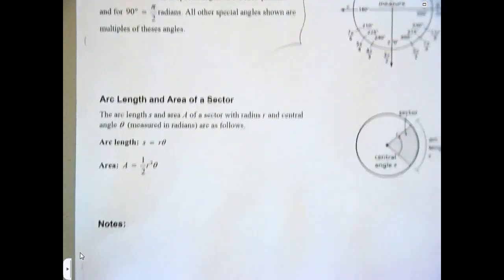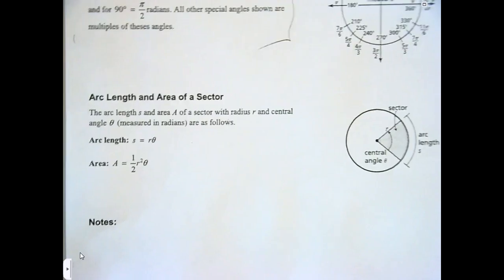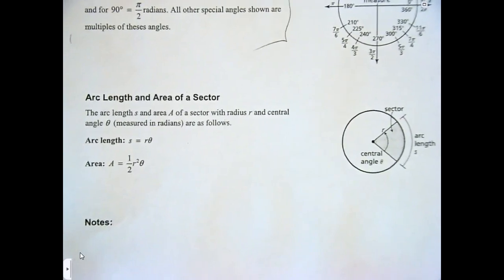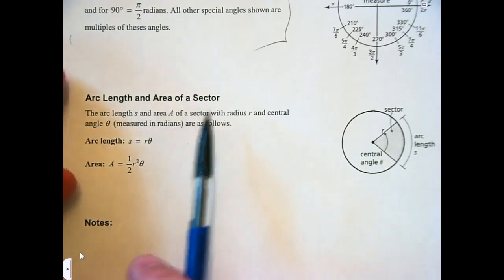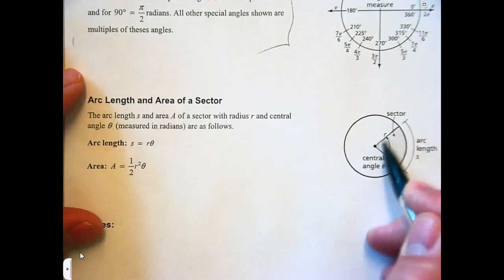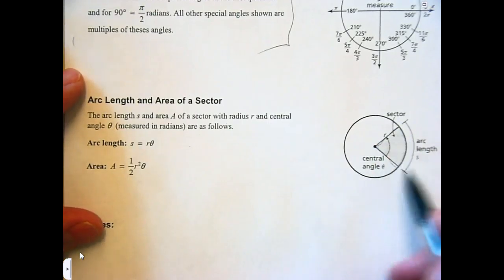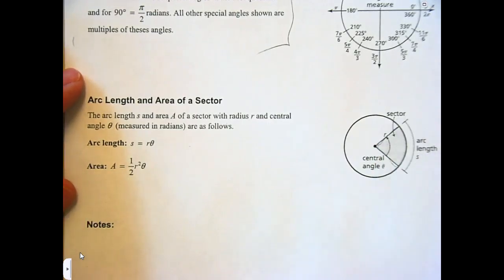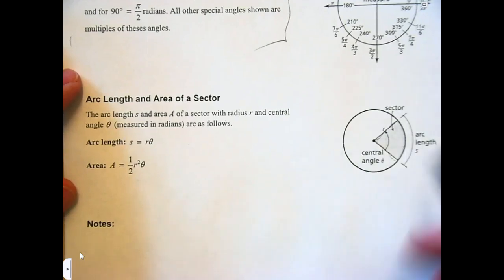Okay? And then down here, they start talking about geometry stuff. Remember last year in geometry, at the end of the year, you started dealing with arc length, area of sectors, all that stuff in circles. Okay? A sector is like a piece of pizza. It's a shaded piece, including the crust. If you cut off the crust, sorry, that's a segment. But this whole thing's a sector.